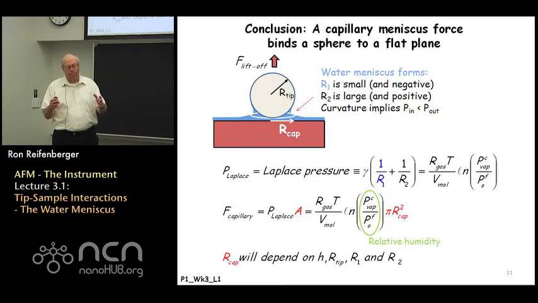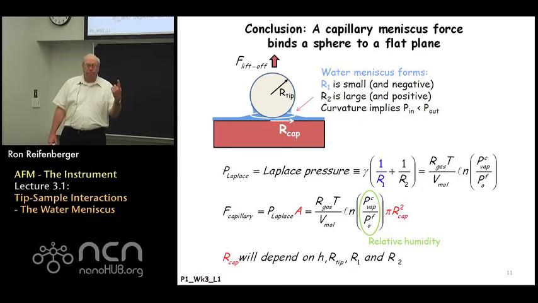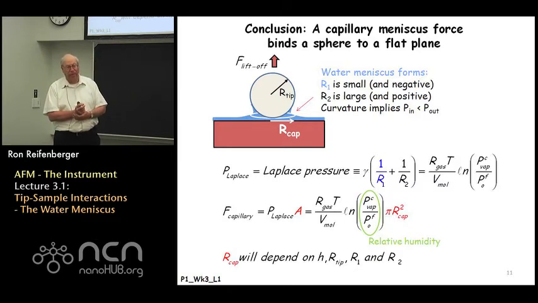To do that, you have to know the Laplace pressure, which is given by the first equation in this slide. That Laplace pressure is related to the relative humidity through the term that contains the natural log. This pressure difference between the liquid and the vapor acts over a surface area A, which is approximated in this discussion by a circle of radius r sub cap.